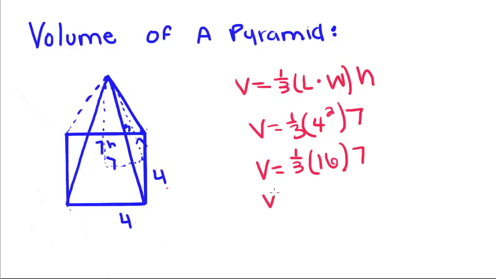Now, I don't know that off the top of my head, so I'm going to plug that into a calculator real fast. And if you do that, you will get 37.333 repeating. And then pretend they gave us inches. This would be inches cubed.